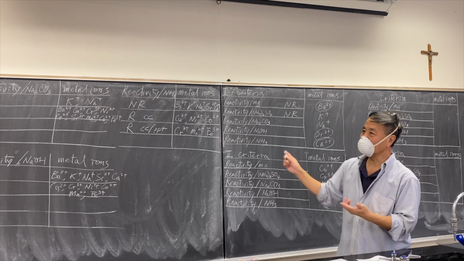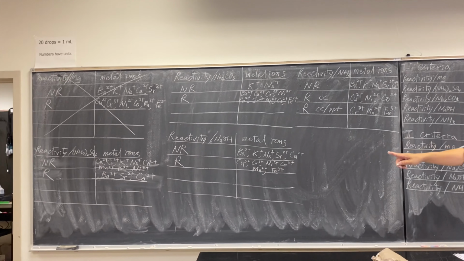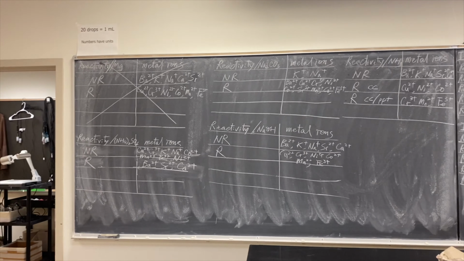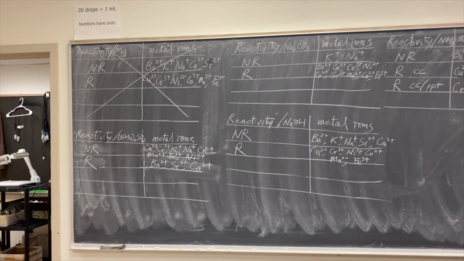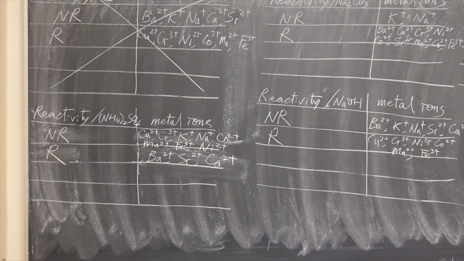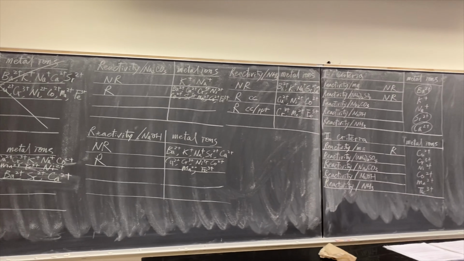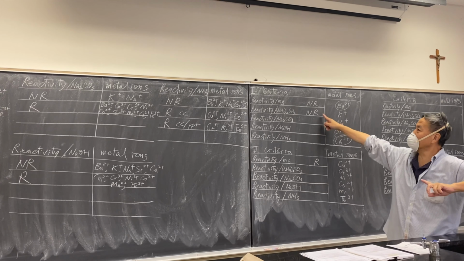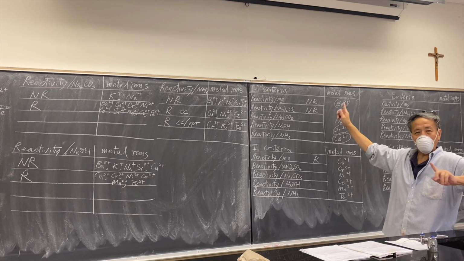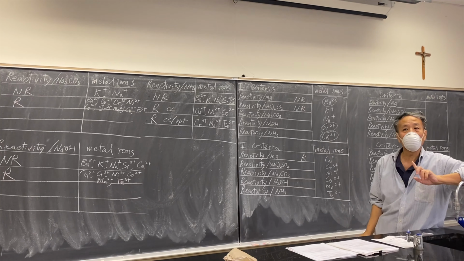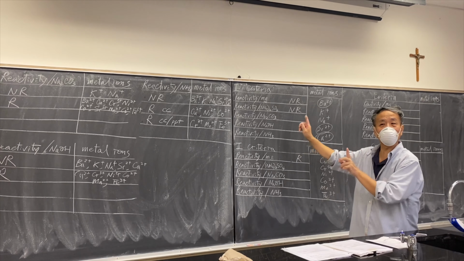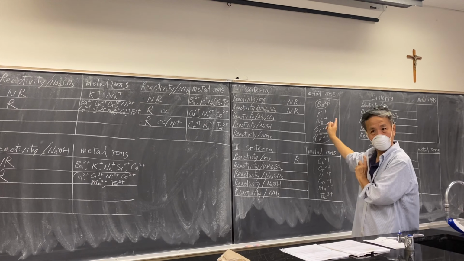So now look at your second table on our page 52. Three of them reacted. They don't belong to this. What do we do? We need to move those 3 out.